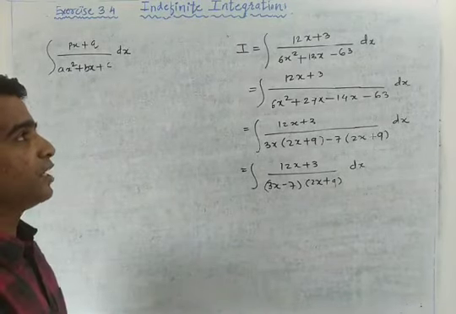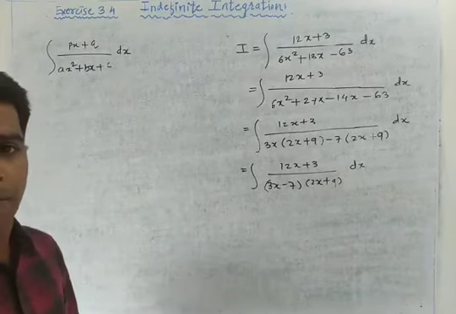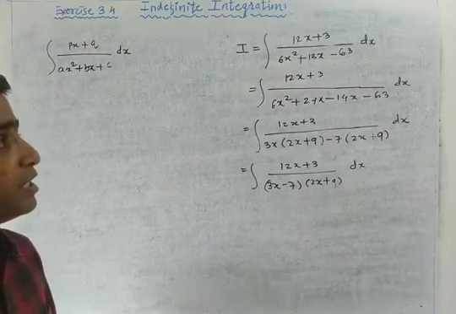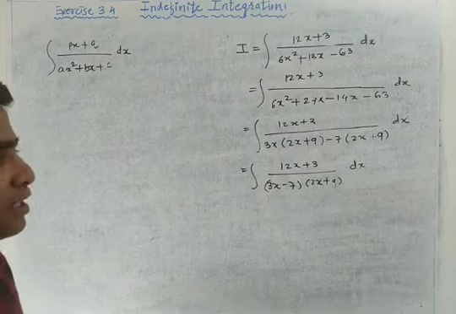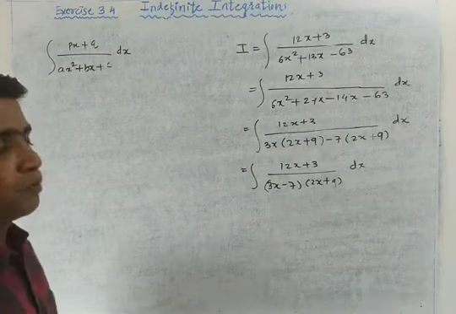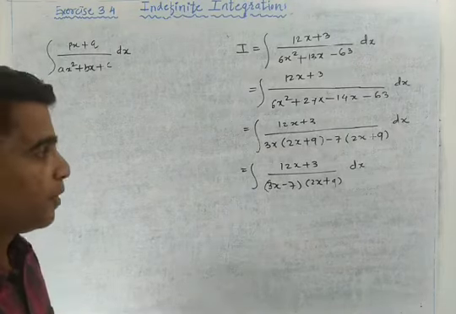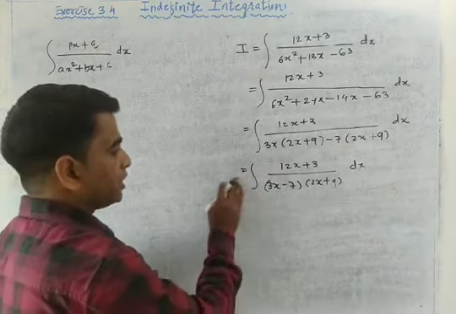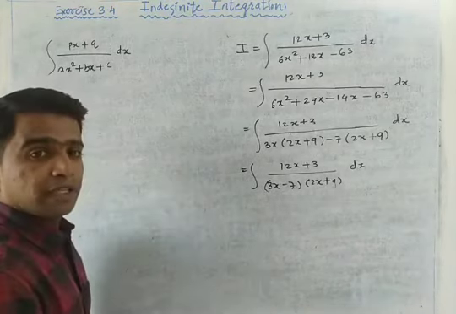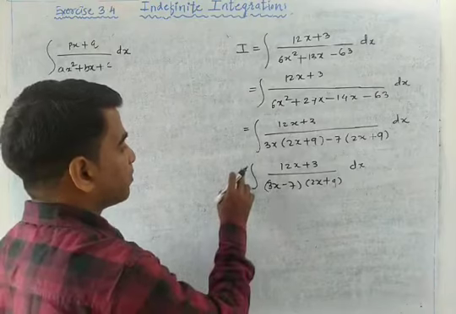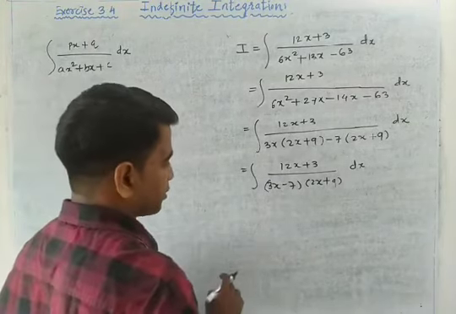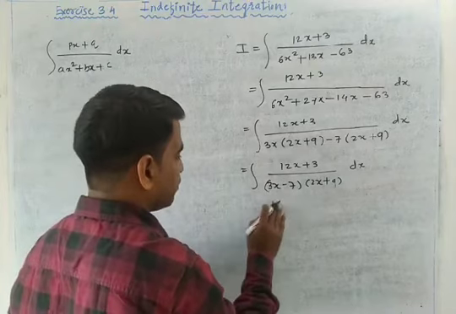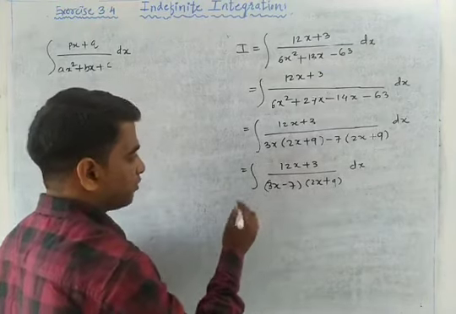And if we check the degree, the numerator has the variable term x with power 1, so its degree is 1. In the denominator, the highest power term is x square, so its degree is 2. It means the numerator degree is less than the denominator degree. So it is a proper rational function, and for proper rational functions we are going to apply integration by partial fraction. So now we have to find the values, we have to express this total function.